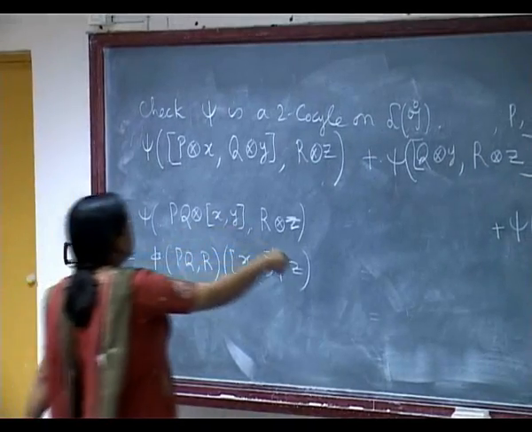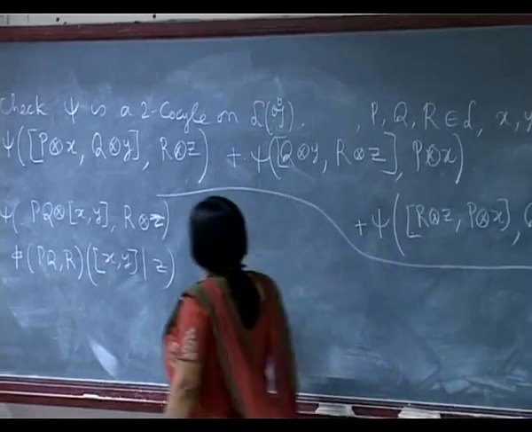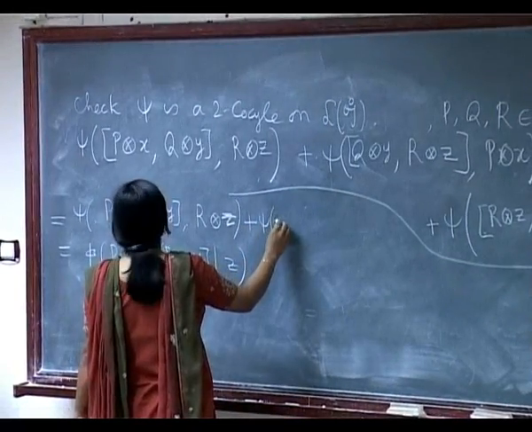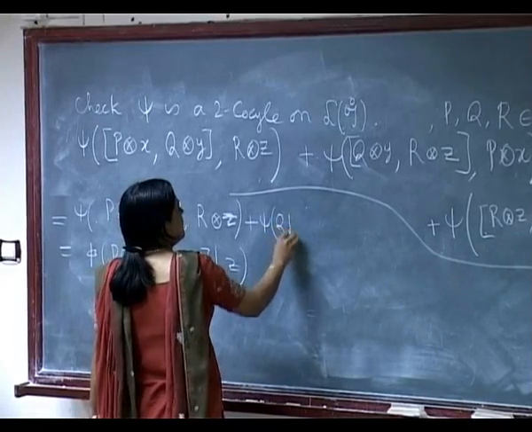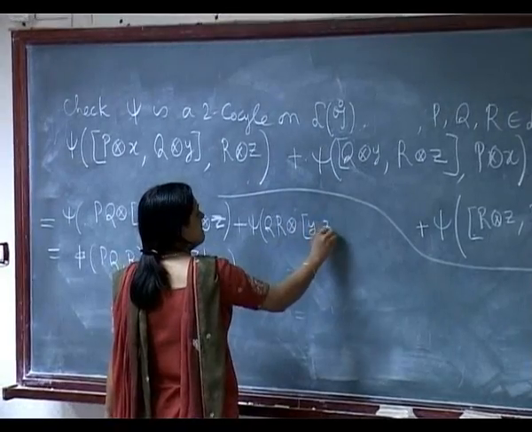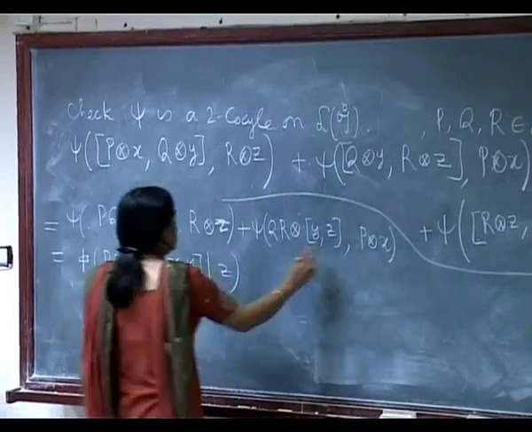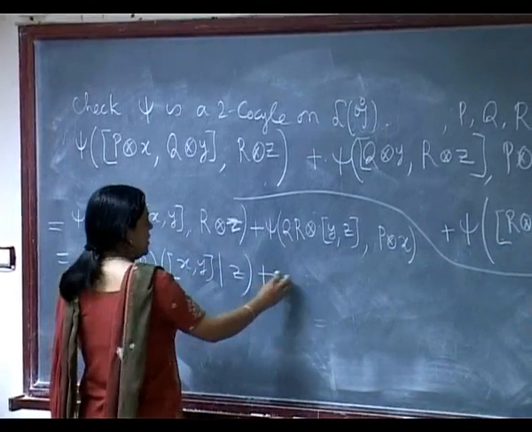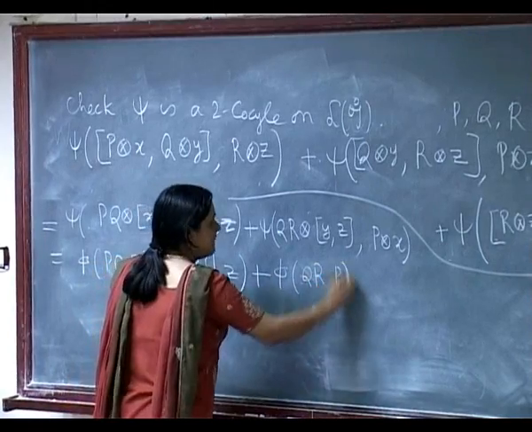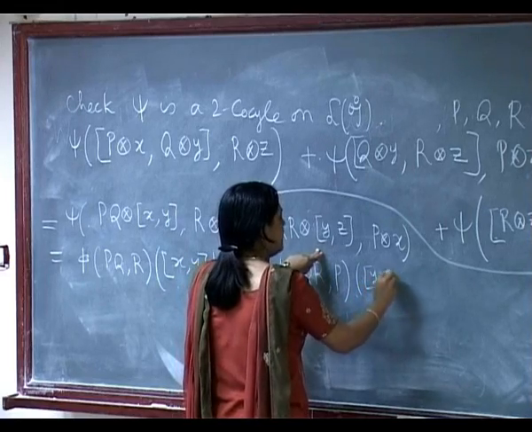Similarly, the second one will be psi of QR tensor y bracket z with P tensor x, and this is simply phi of QR P and the bilinear form y bracket z with x.